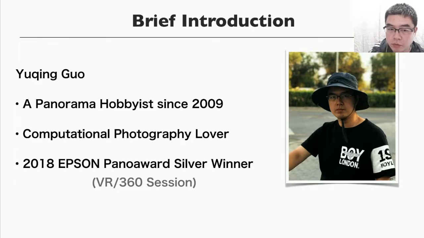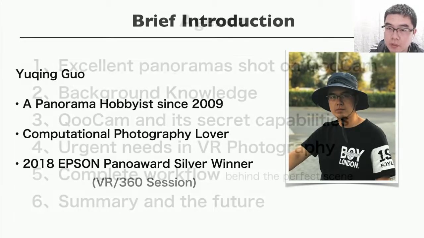For those of you who are not familiar with me, this is a brief introduction, and I hope to keep posting great photos and sharing the happiness with all of you so that we can improve together, right?